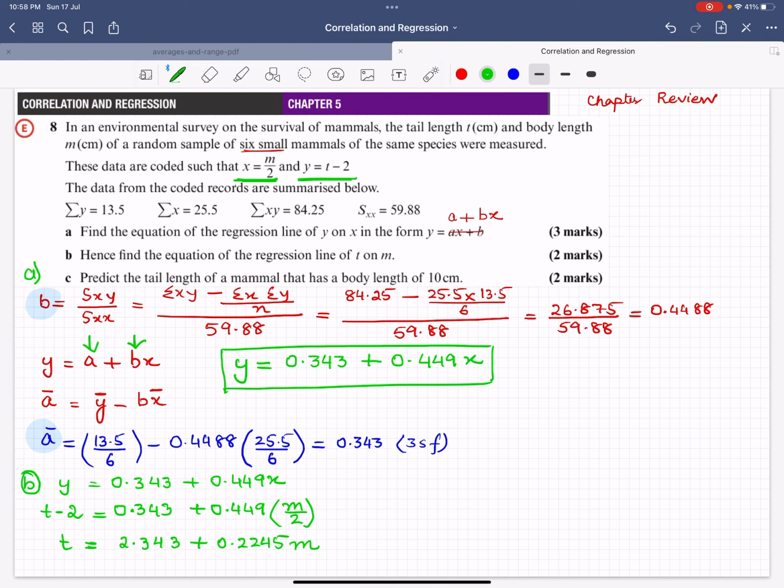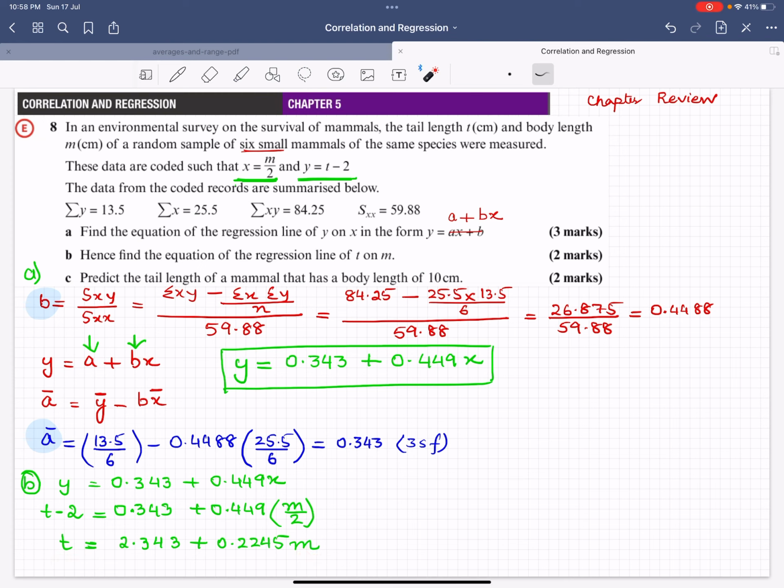Now in part C, we need to predict the tail length of a mammal that has a body length of 10 centimeters. We already have the equation that gives us the tail length, so all we need to do is plug in the value of body length in place of m.